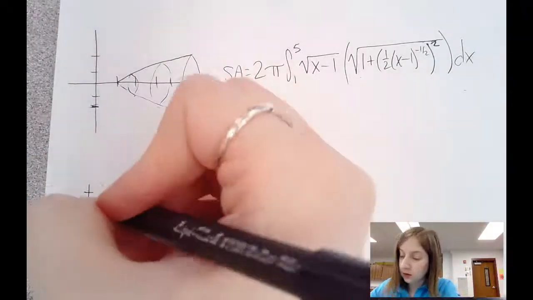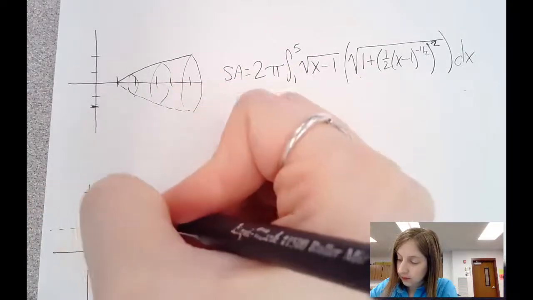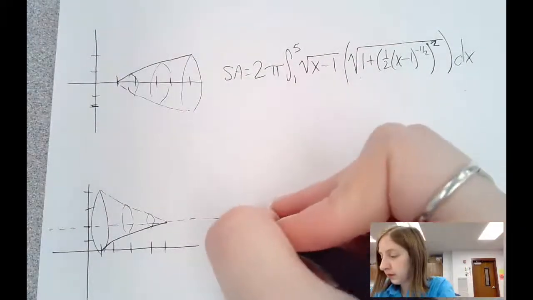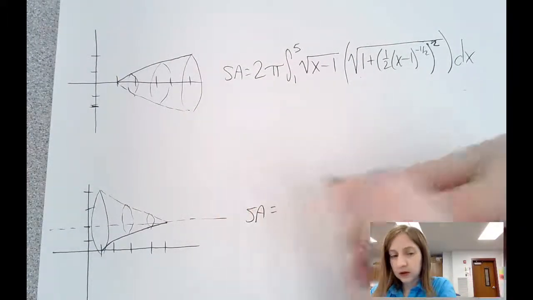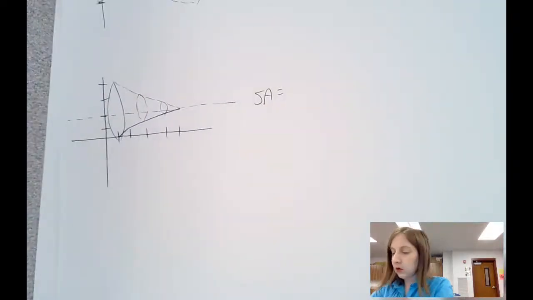Not really drawn very good to scale here. But this is our shape. So the surface area, I'm going to slide this up so that doesn't go back behind what I'm drawing here.